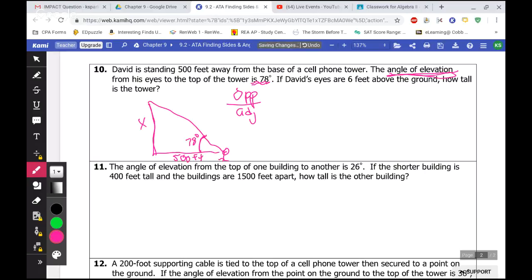So what trig ratio is that? Tan. Tan 78 degrees with x over 500. And so that's going to be 500 times tan 78 equals x. So just plug that into your calculator.